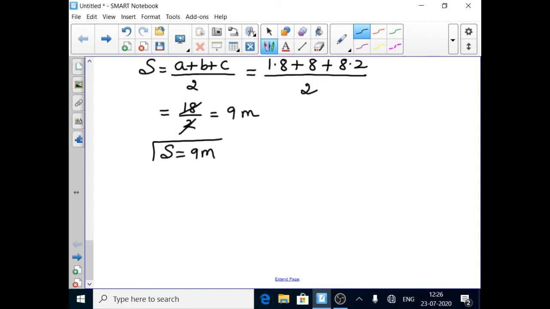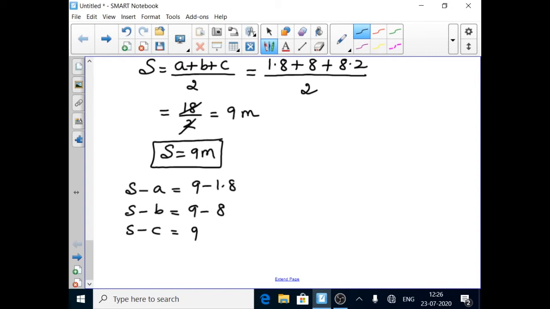So what we want to do? Next we want to find the value of S minus A, S minus B, then S minus C. Okay, that is equal to, S is the value of 9. So 9 minus 1.8, then 9 minus 8, then 9 minus 8.2.